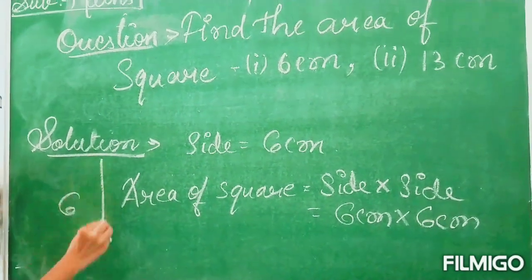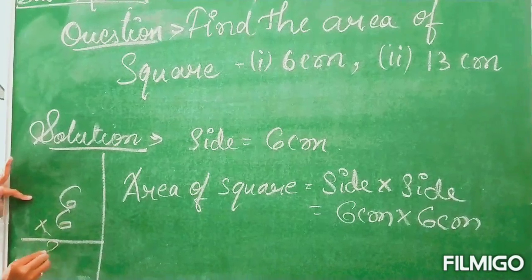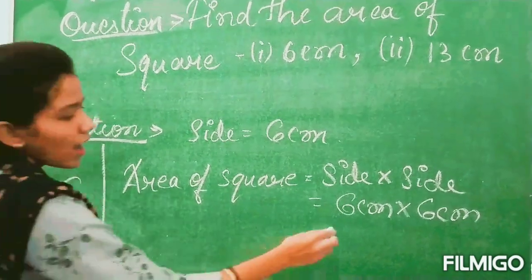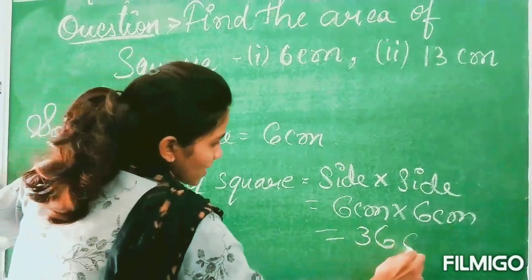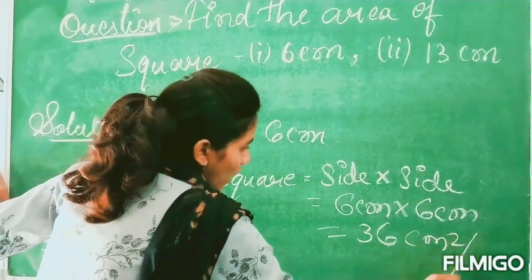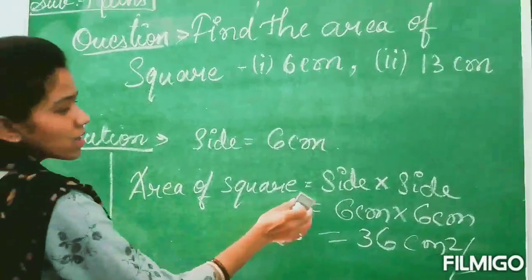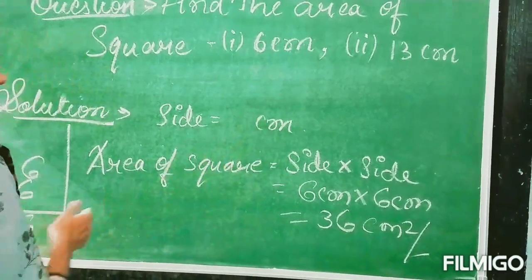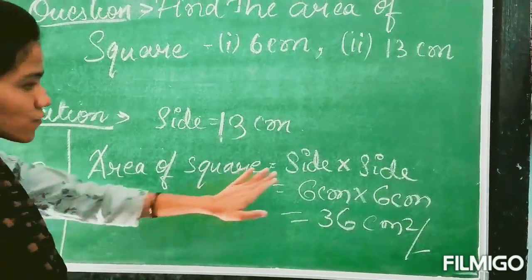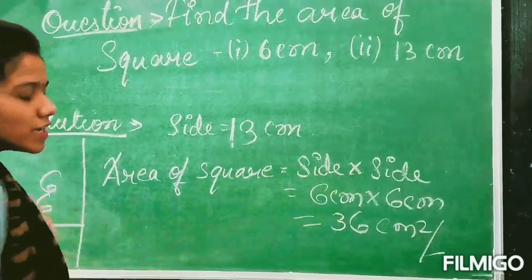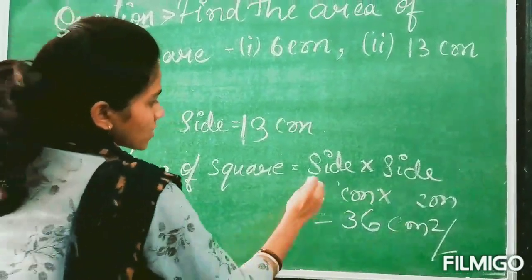Then you multiply 6 centimeter into 6 centimeter on the rough side. 6 6 is 36. Put the answer 36 centimeter into centimeter, centimeter square. Then question number 2: 13. Change the side, 13 centimeter. Area of square equal to side into side. Same formula. You can change the number.